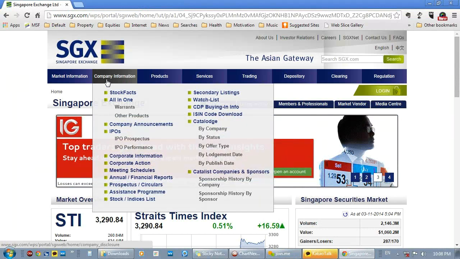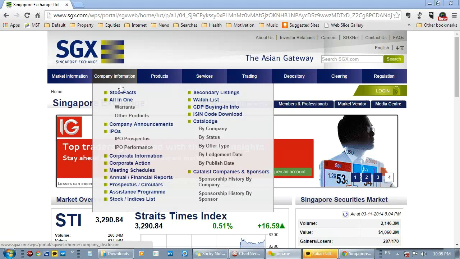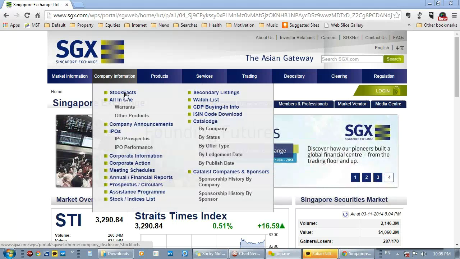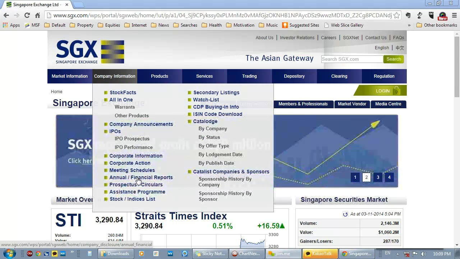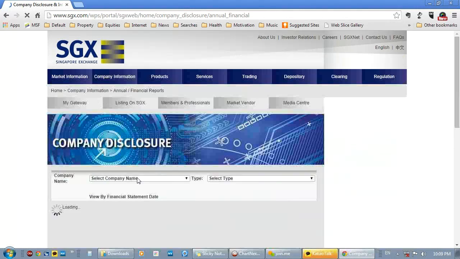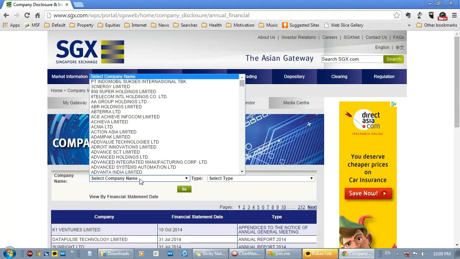Wow, now harder to look at the reports. Okay, so you go to sgx.com, go to corporate action, annual reports. From there you can search by the company. Okay, Justin. Okay, go. Any other question?